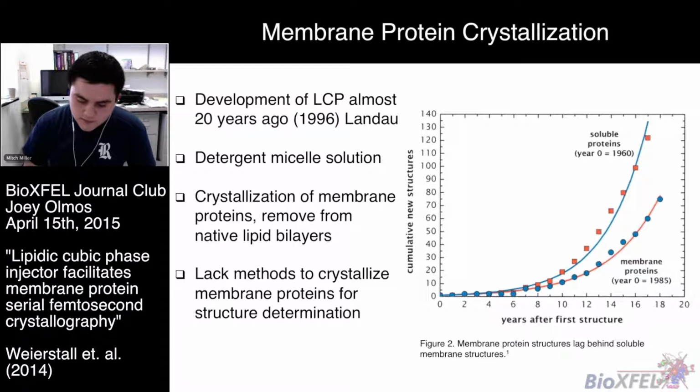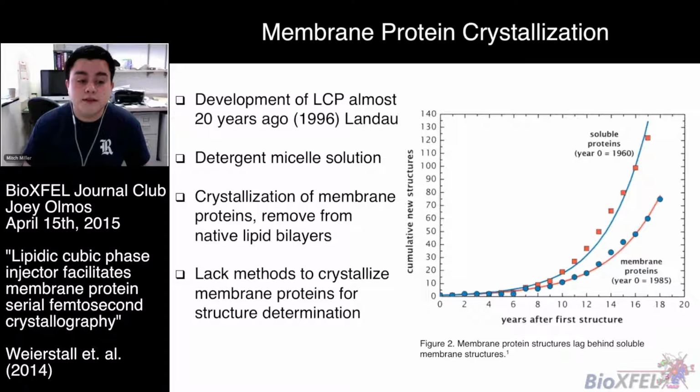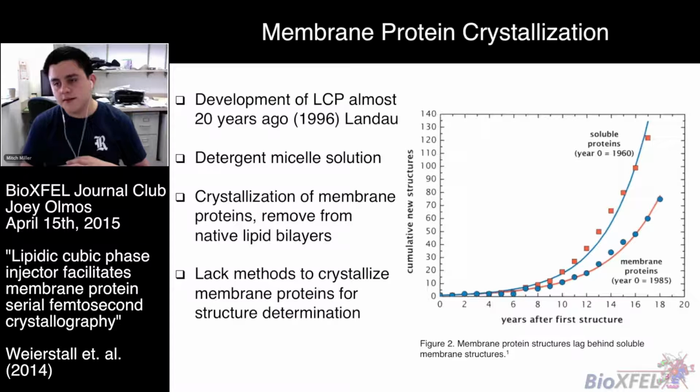And that makes sense when you think about these helices that span a membrane, right? The lateral pressure might be helpful to keeping those proteins well folded. And so the idea was that using LCP, you might be able to get these proteins more happy in a more favorable environment by providing this lateral pressure, and also it would be a more native-like environment because it's a lipid membrane.